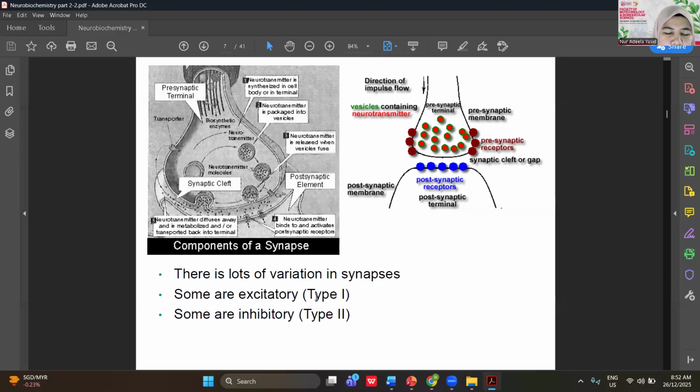There are 2 types of synapse. One is the excitatory synapse, which is type 1, and type 2 synapse is the inhibitory synapse.